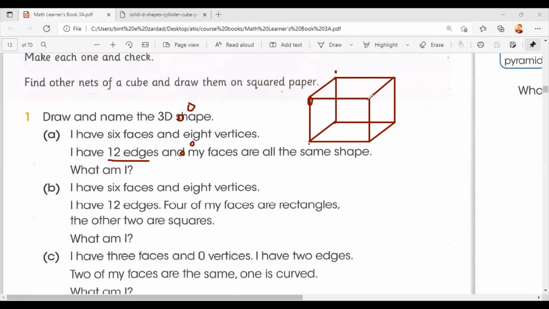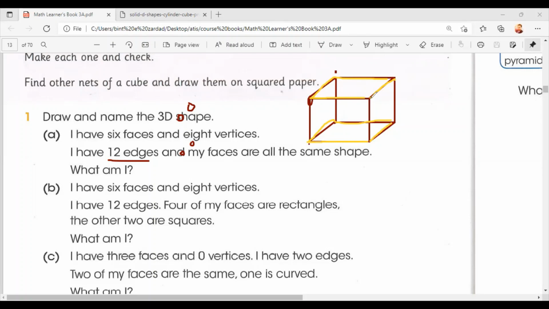These lines are edges. So 1, 2, 3, 4, 4 up like this, 4 down. 5, 6, 7, and 8.